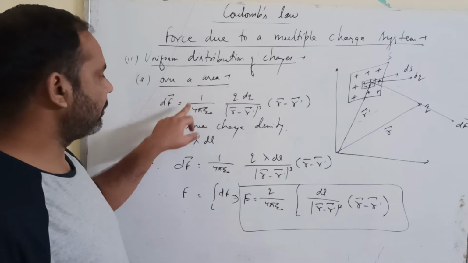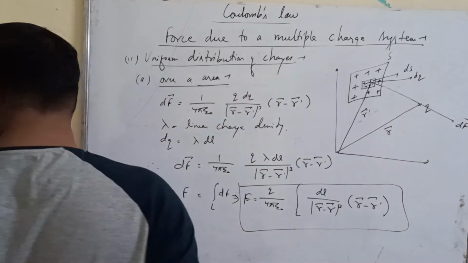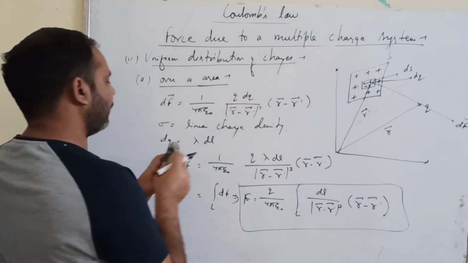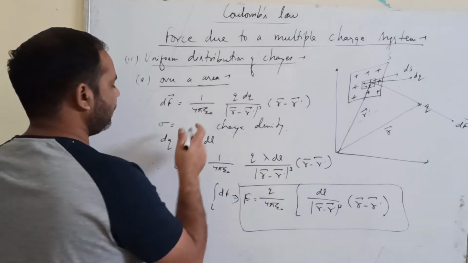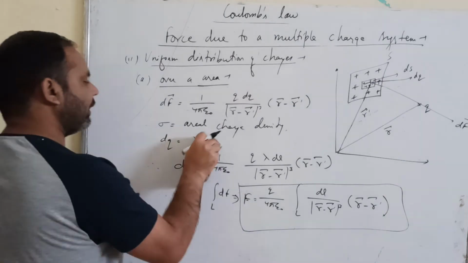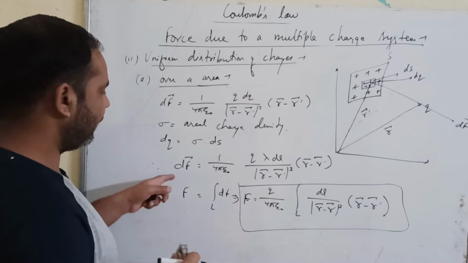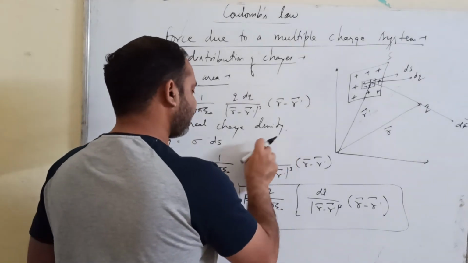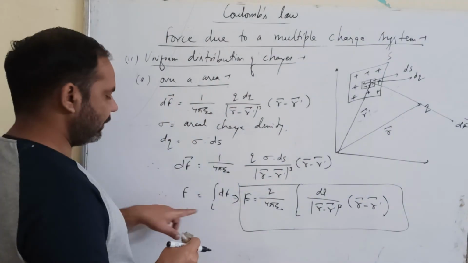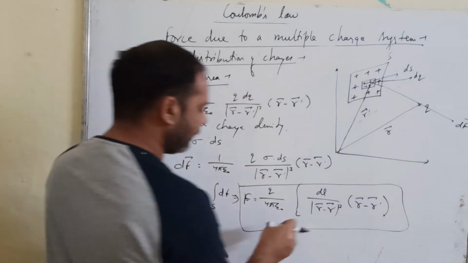So dF equals 1 upon 4 pi epsilon naught q dq upon the same formula. Suppose sigma is the areal charge density, then dq is equal to sigma ds, and for calculating the total force you will take the surface integral.